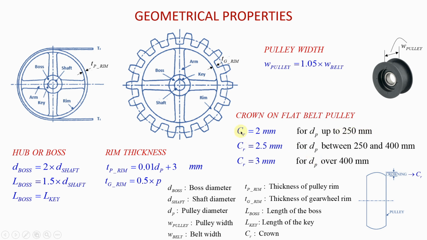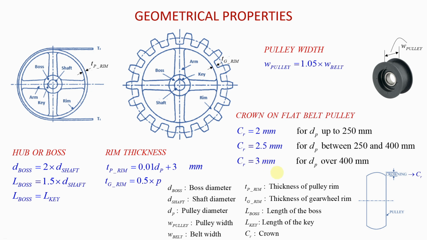If the diameter of the pulley is between 250 and 400 millimeters, then the crown of the pulley is 2.5 millimeters. If the diameter of the pulley is greater than 400 millimeters, then of course the crown will be 3 millimeters.